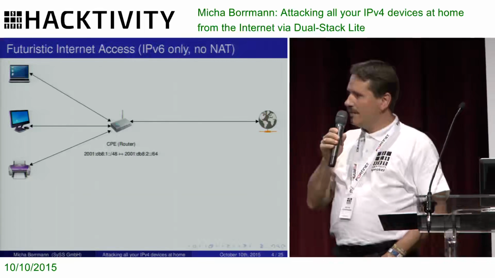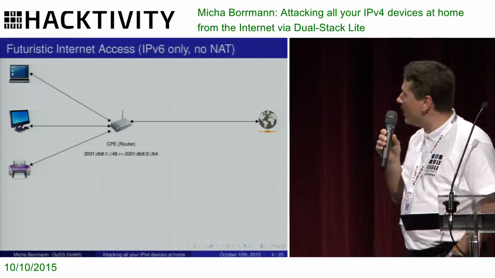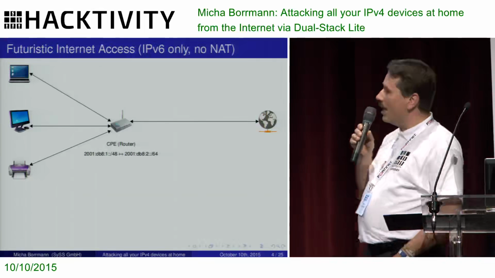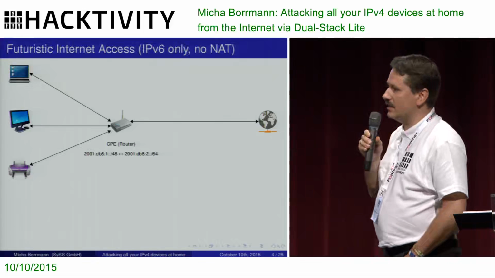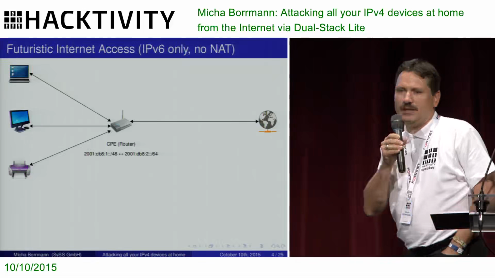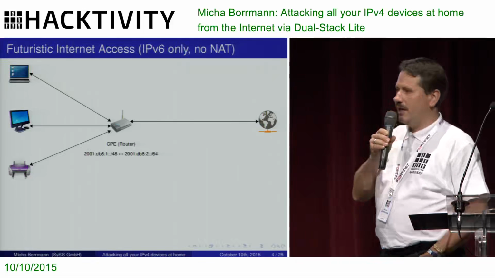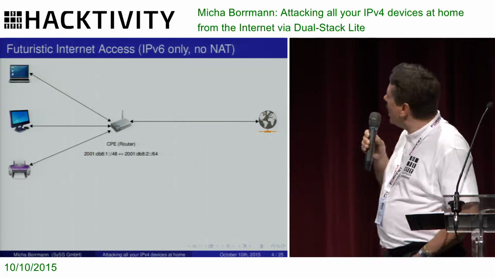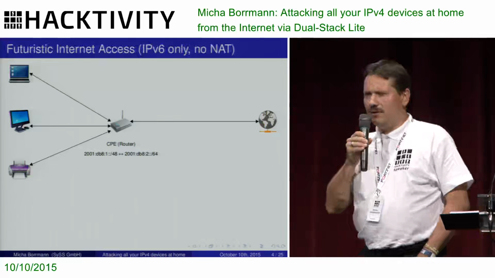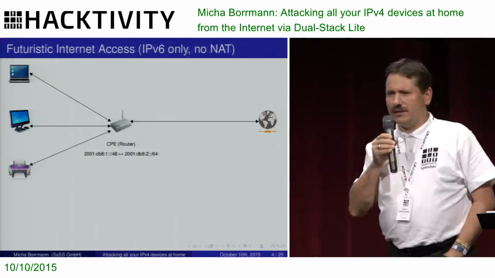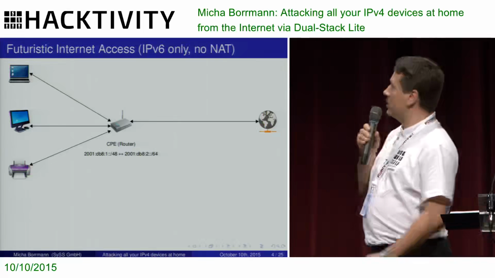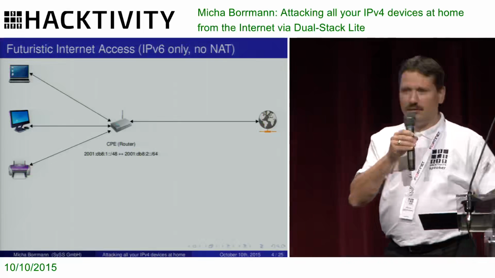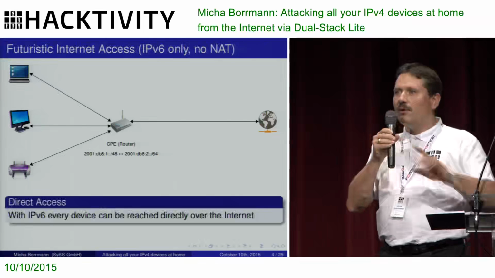In the future, maybe we will have only IPv6. And one of the big differences is that every device has a worldwide reachable IPv6 address, reachable from everywhere in the internet. And from my point of view, such kind of internet access is not available today. Or is anybody here with such kind of internet access? I see one hand.